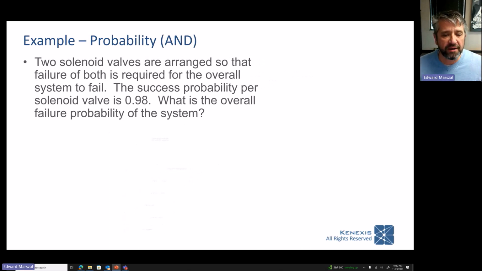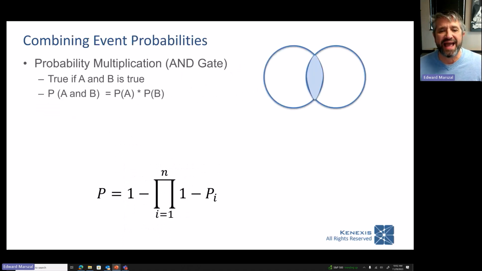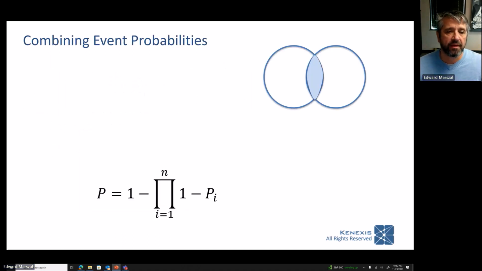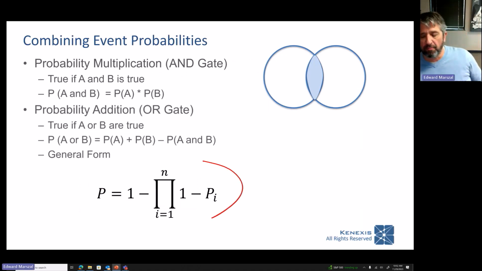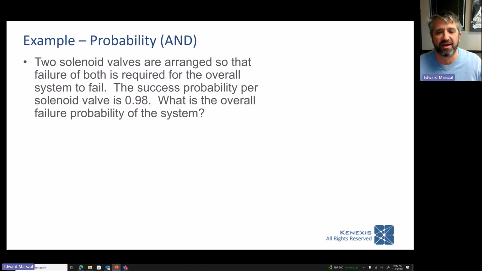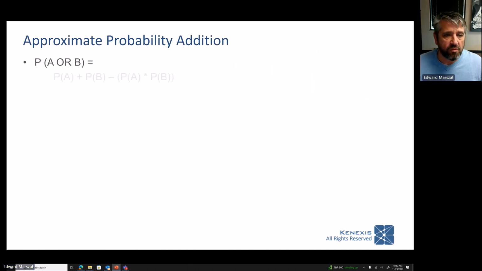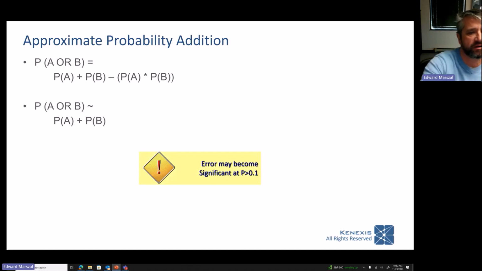But at the end of the day, for probability addition, you're essentially adding things together. And this is actually the more accurate term that shows you you're not actually just adding things together, especially if they can happen at the same time, because they're not mutually exclusive. Okay, so this is the equation that most people are going to use in their calculations.